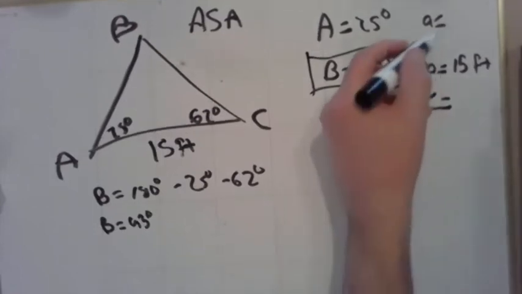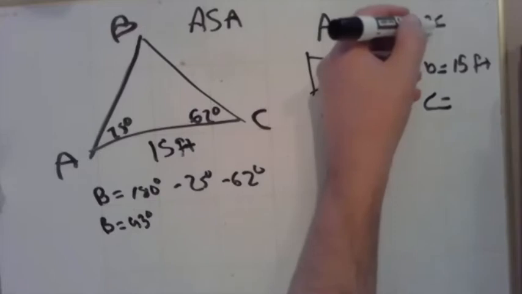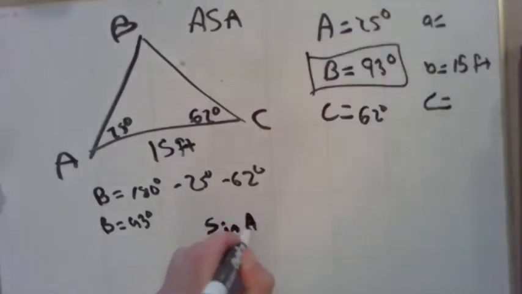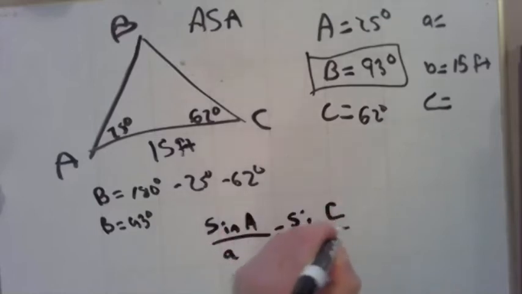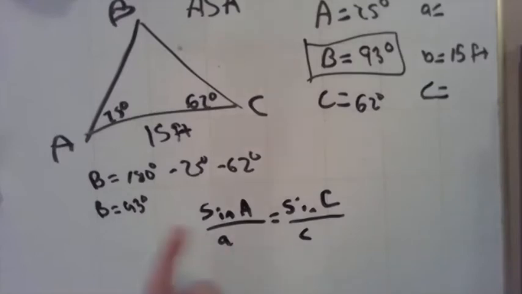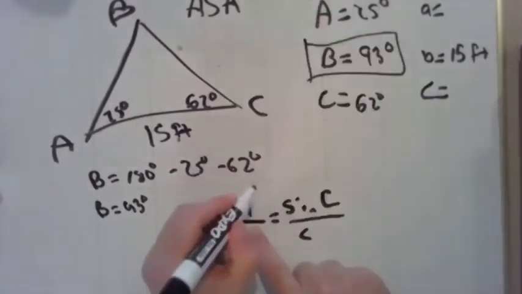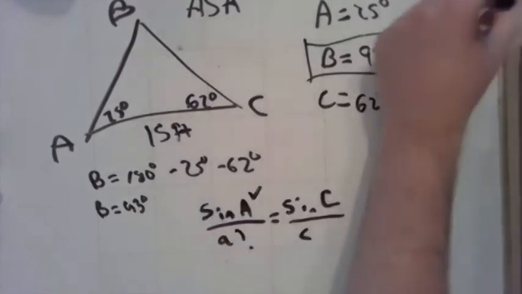Okay, now I need to find a and c. So I need to write down my law of sines formulas. I want an a or a c in there. So I could write sine of A over a equals sine of capital C over little c. And I like to play this little game: figure out what I know and what I don't know. Do I know angle A? Yes. Do I know side a? Nope, it's not filled in yet.